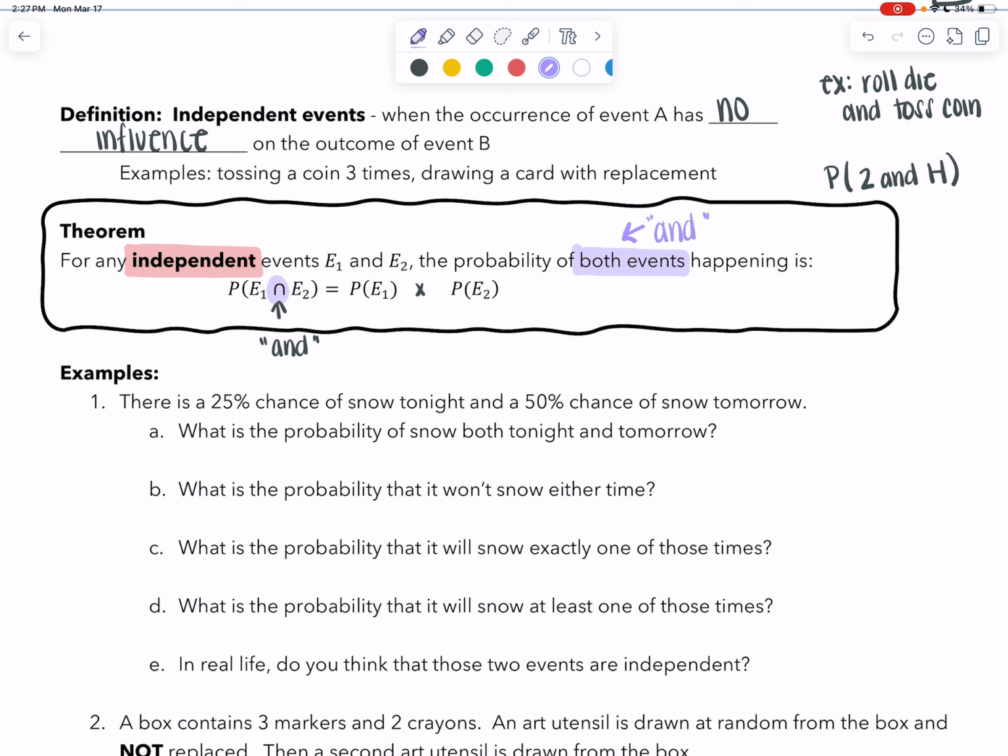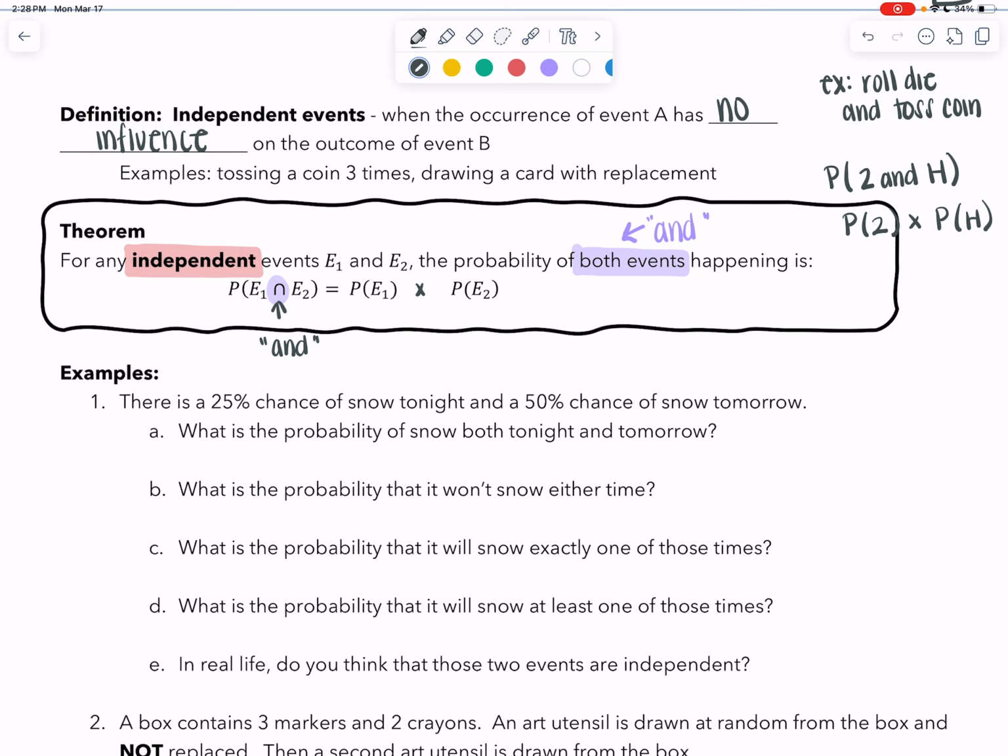And an example of that, before we start looking at these in the notes: rolling a die and tossing a coin, this one I have up on the right-hand side. If I wanted to find the probability of rolling a 2 on a standard die and tossing a coin and flipping heads, I could write this as the probability of getting a 2 and landing on heads. This theorem says that I can multiply the probability of 2 times the probability of a head, because those two events don't have any influence.